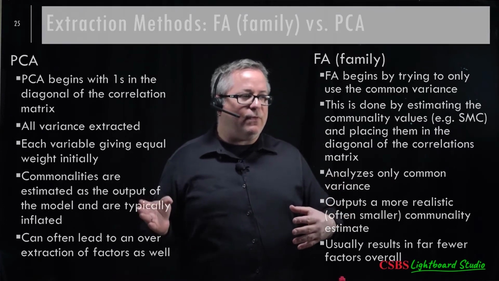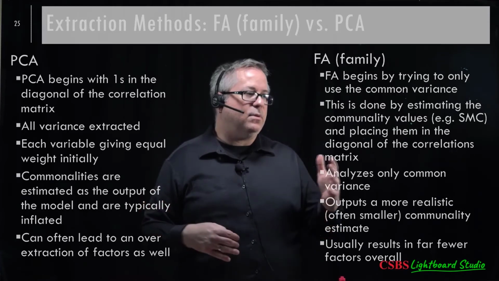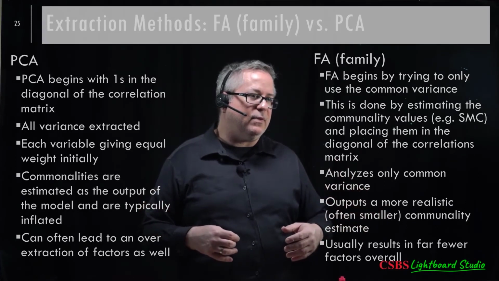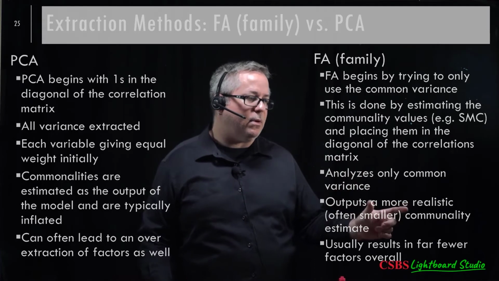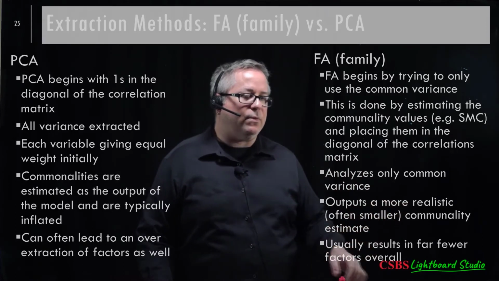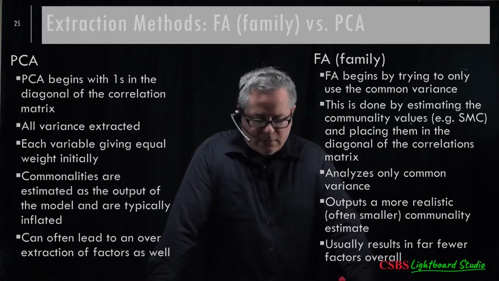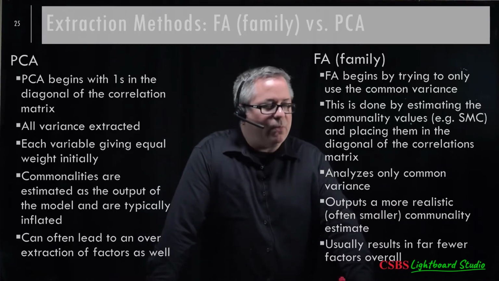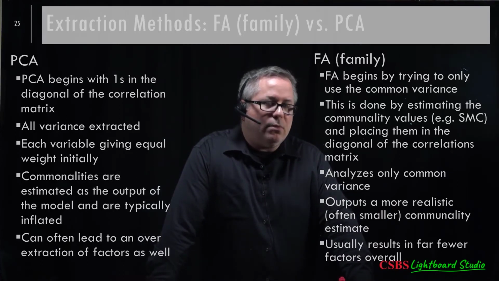And then PCA will find more than 4, and FA will find the 4. Makes sense? So FA is often closer to being accurate than PCA, which will likely extract more than it should because of that weird assumption that all variance is shared to begin with.